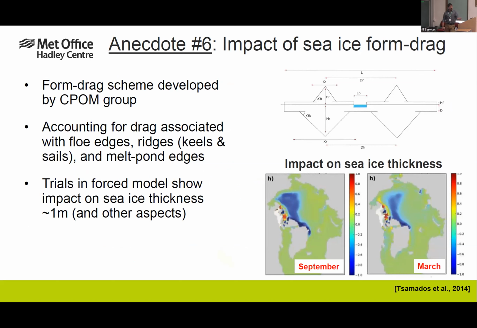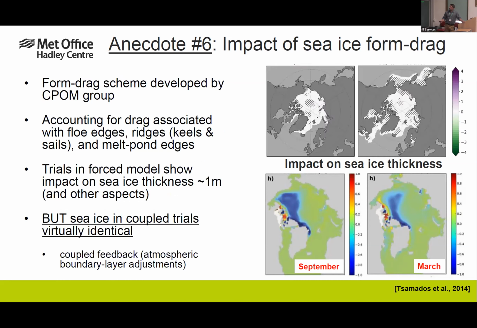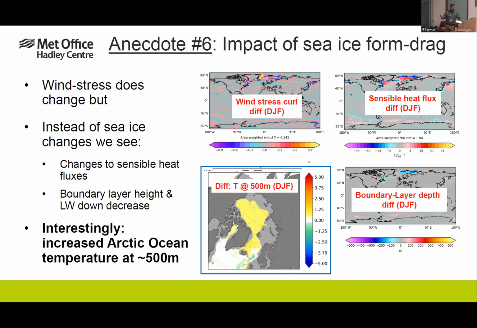Previously, it was just the fairly basic, simple McPhee style drag. And so we think that there's a lot more ocean ice drag now, and that is causing the ocean heat uptake. I should say this is from a 150-year run. So this is the last 100 years of a 150-year run.